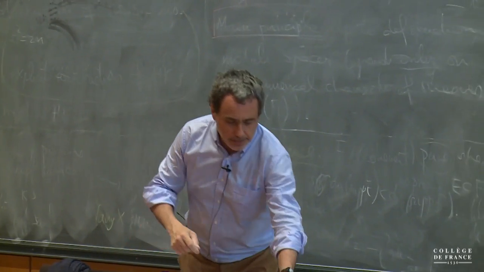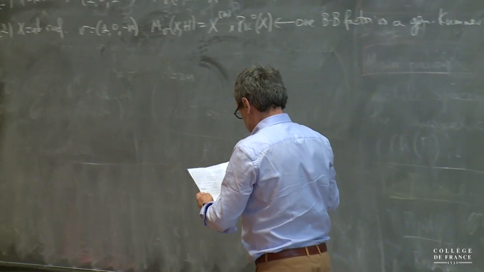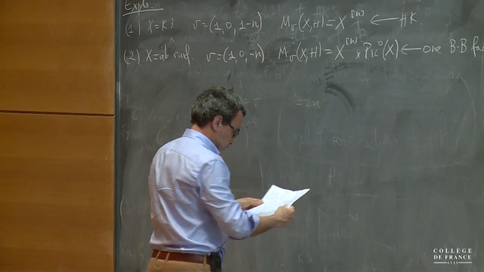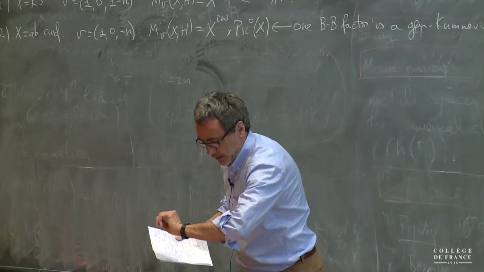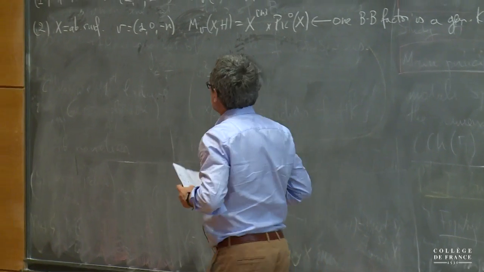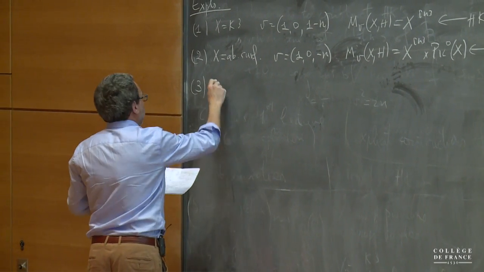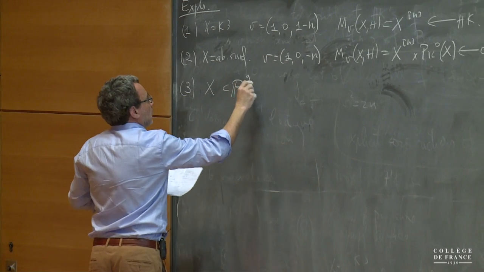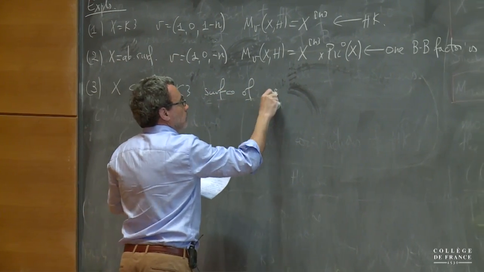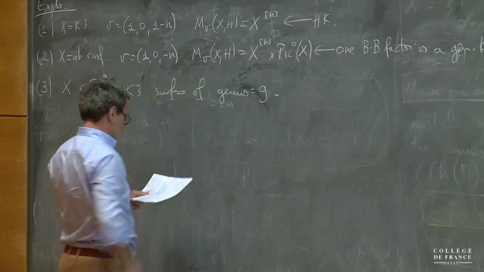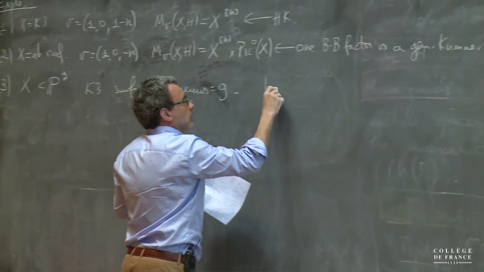Okay, now let's get to some geometrically more appealing examples. I'm doing them because they're nice examples. Of course, I'll be running out of time. So let's take a K3 surface of genus g, and of course, H is c1.